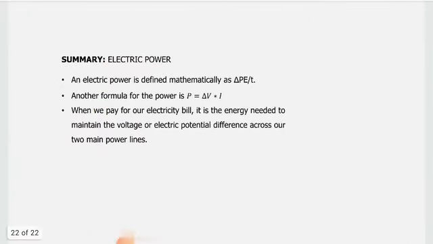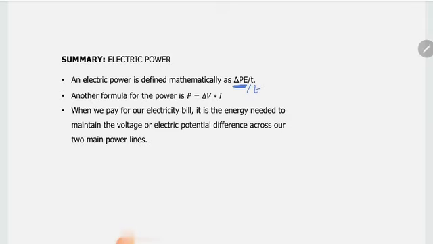So for the summary, electric power is defined mathematically as the change in potential energy. There's a change in potential energy because it will be transformed to other forms, in the case of the light bulb, light and heat energy. Divide that by time. That's your electric power.